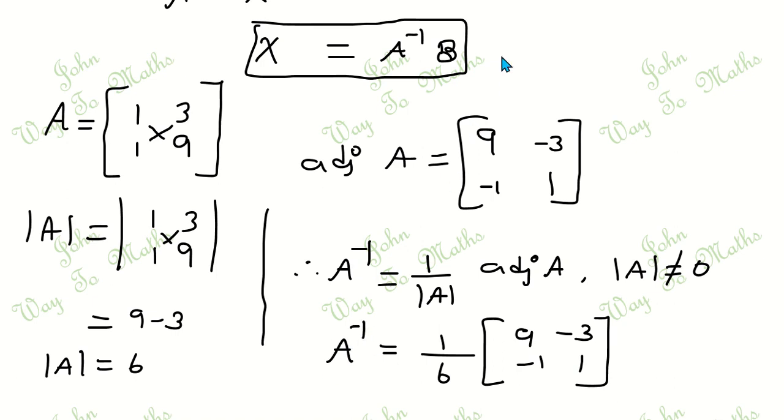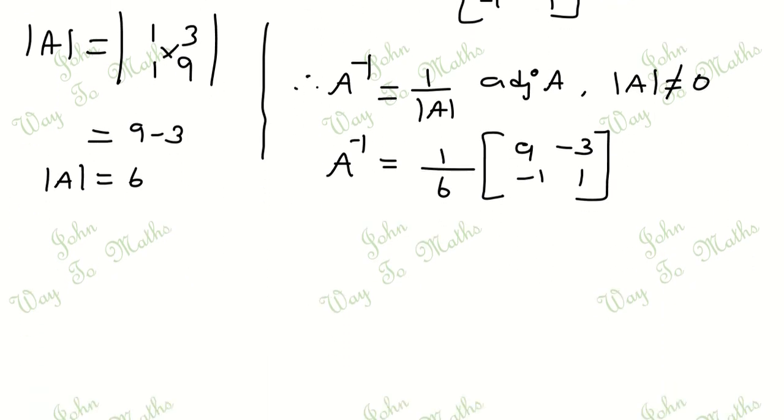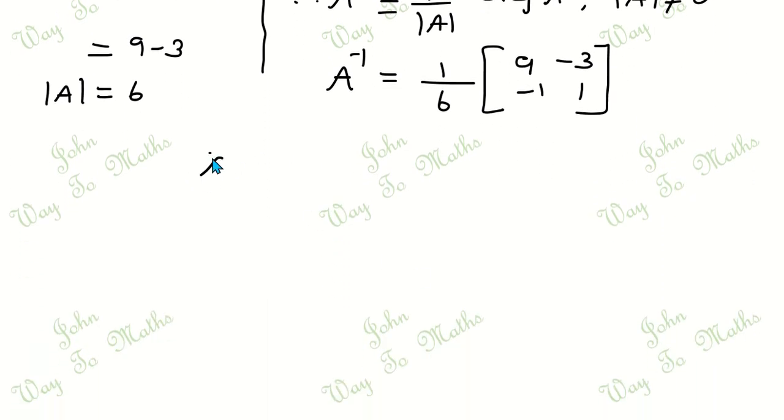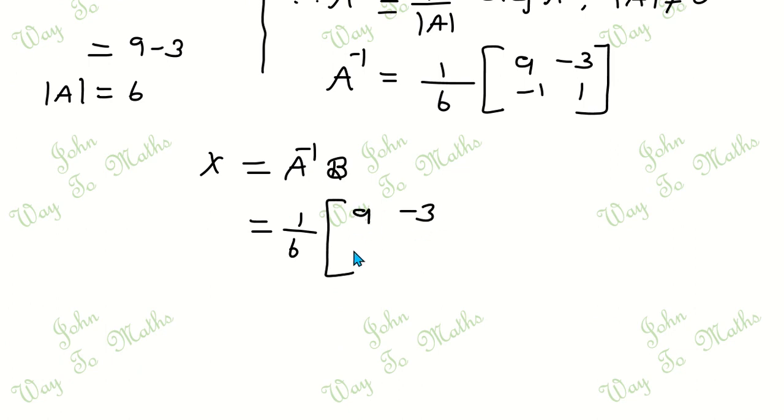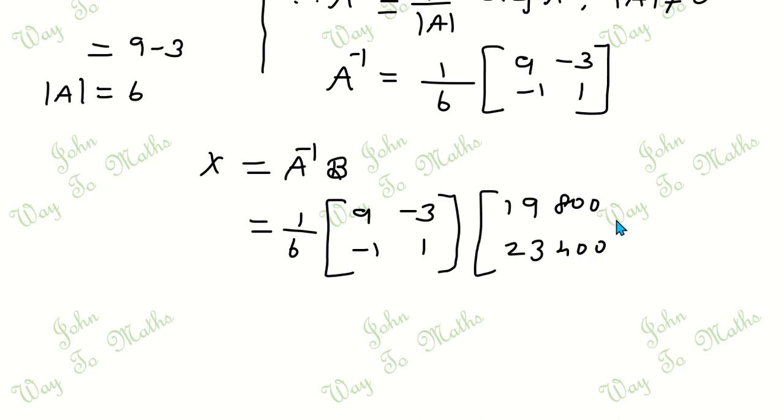Now I am going to apply the condition X is equal to A inverse B. So therefore X is equal to A inverse B, which is equal to A inverse becomes 1 by 6 of 9 minus 3 minus 1 1 into the B matrix becomes 19,800 then 23,400.